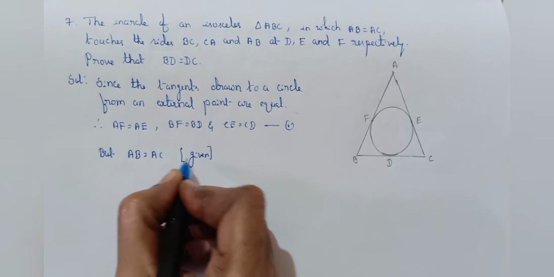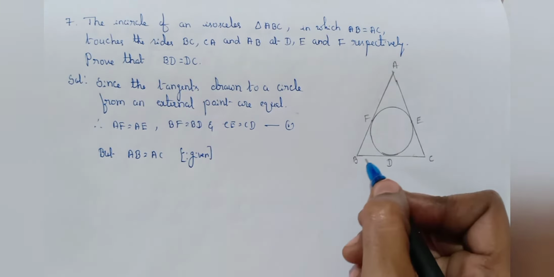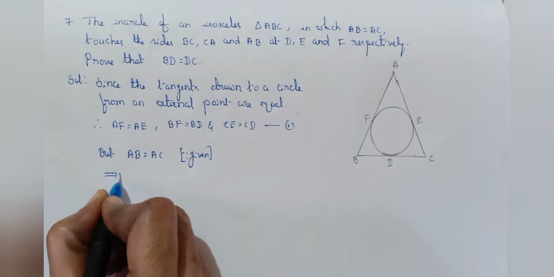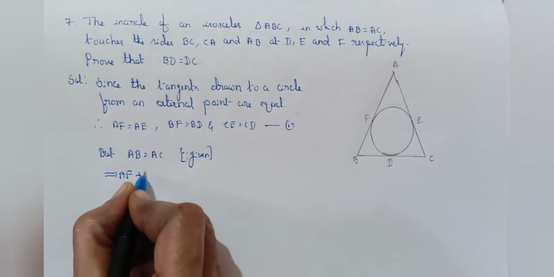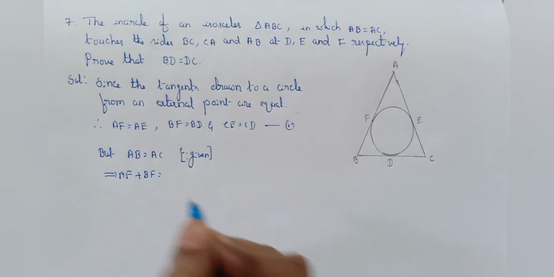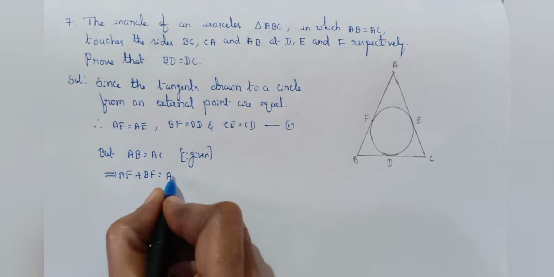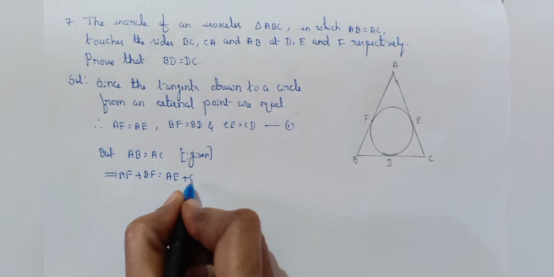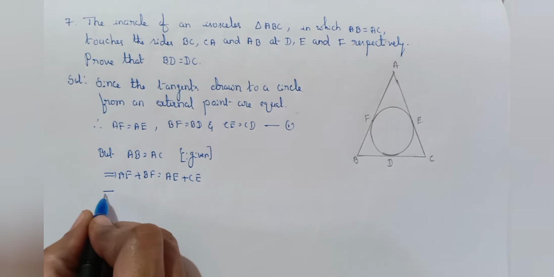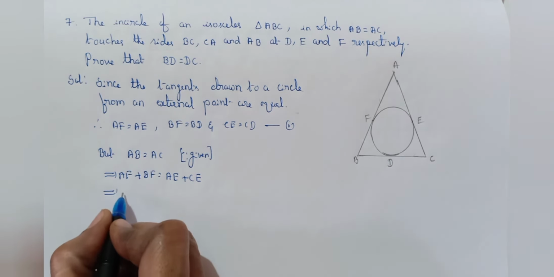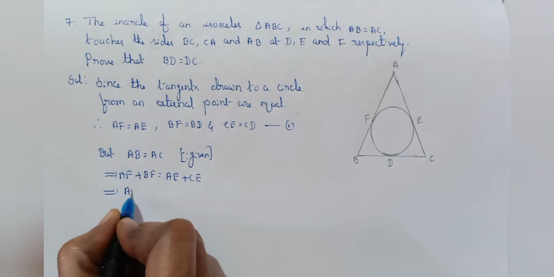We can write AB as AF plus BF, and we can write AC as AE plus CE. So AF is equal to AE. Substitute AE in place of AF.